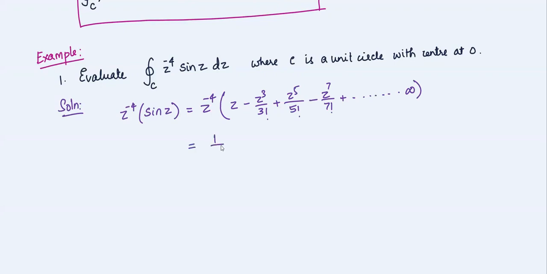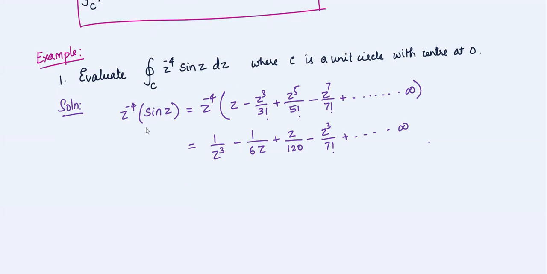This is 1 by z cube minus 1 by 6z plus z by 5 factorial, 120, minus z cube by 7 factorial and so on, in infinite terms. So now this is a Laurent series.